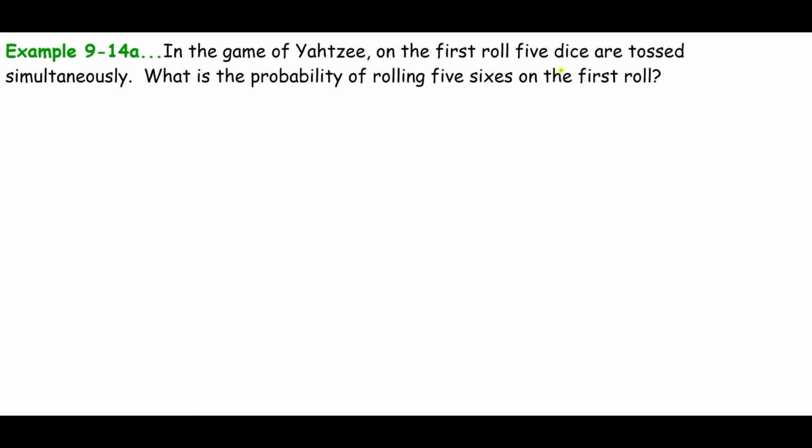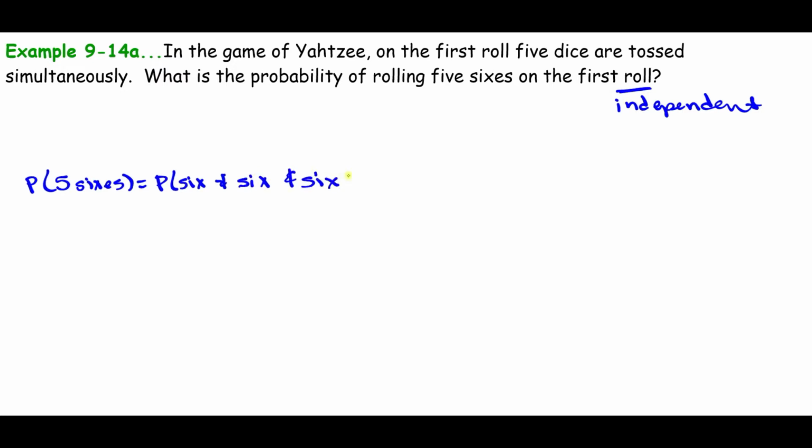In the game of Yahtzee, on the first roll, 5 dice are tossed simultaneously. What's the probability of rolling 5 sixes on the first roll? Remember, when we're rolling dice, these are independent events. So the probability of 5 sixes is the probability that the first one is a 6, and the second is a 6, and the third is a 6, and the fourth is a 6, and the fifth is a 6.